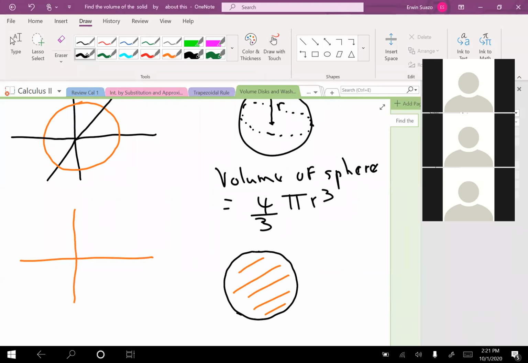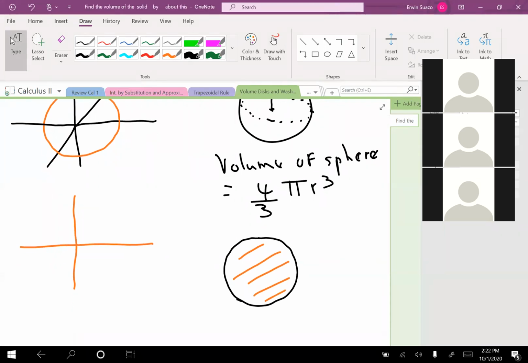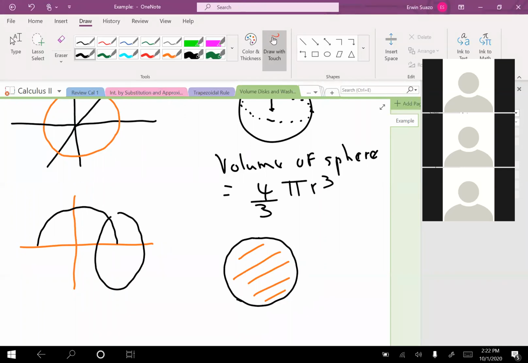So I could have a semicircle and rotate it around the x-axis, right? If I rotate this semicircle around the x-axis, I'm going to get a sphere, yes or no?